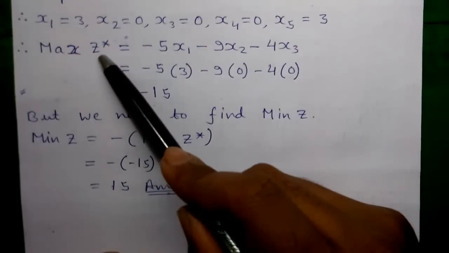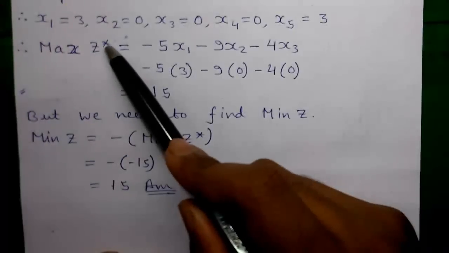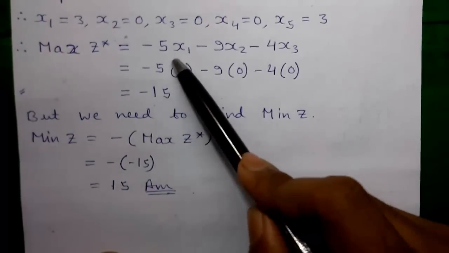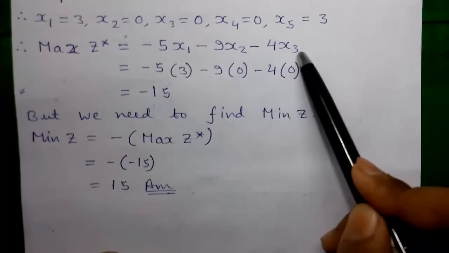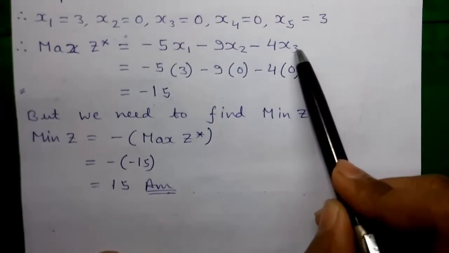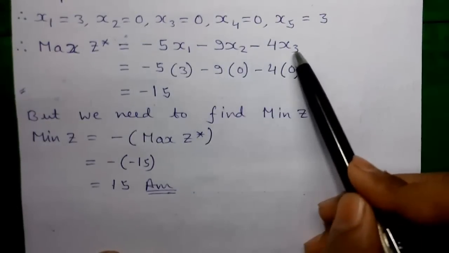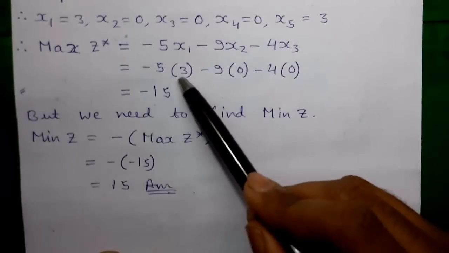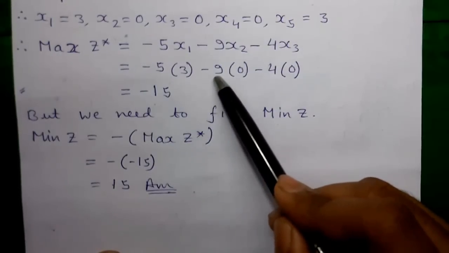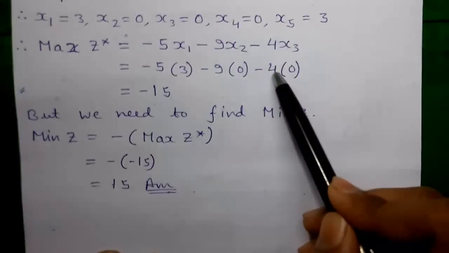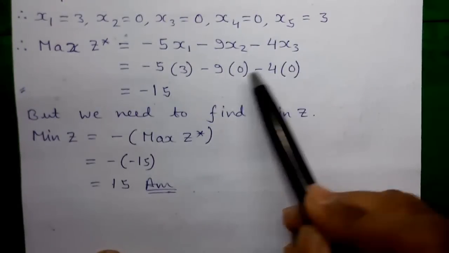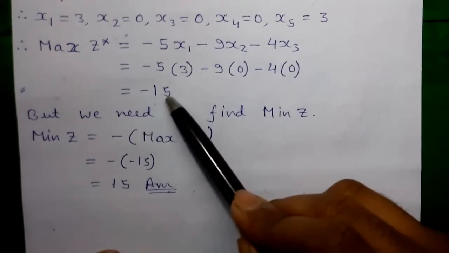So next we will find out the max z star, that is our equation number 1. So the max z star is equal to minus 5x1 minus 9x2 minus 4x3, and by putting the values of x1, x2 and x3, that is minus 5 into plus 3 minus 9 into 0 minus 4 into 0, that equals minus 15.